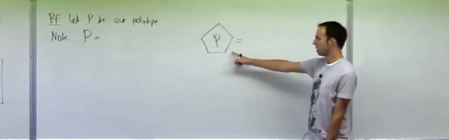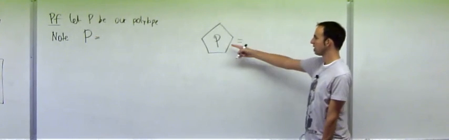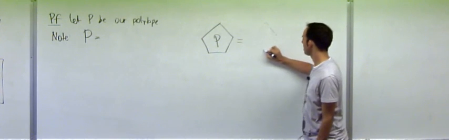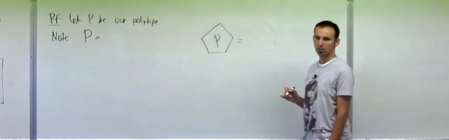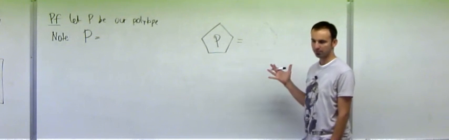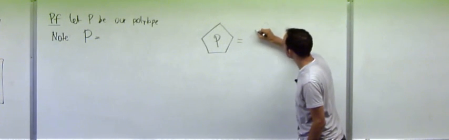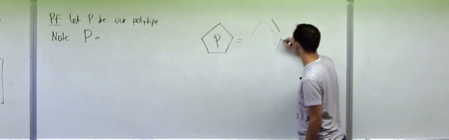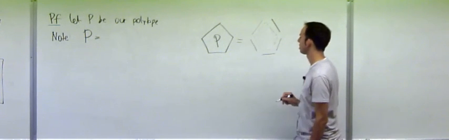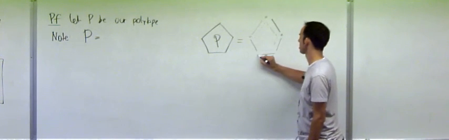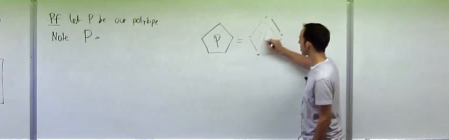A point is either in the interior of the polytope, or it's on the boundary. And if it's on the boundary, then either it's on one of the edges or it's one of the vertices. Right?